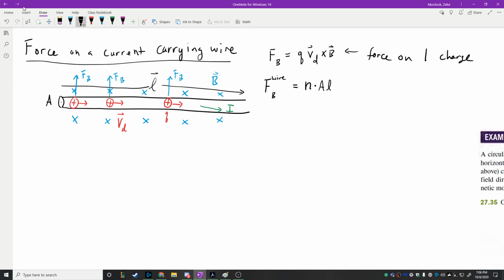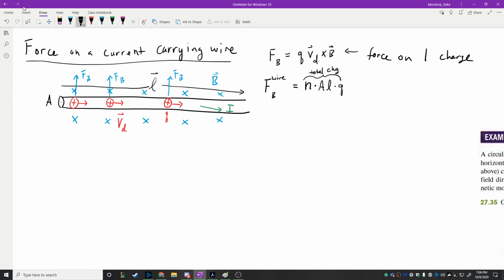The number of charges per unit volume was related to the molar mass of the objects and the number of free electrons that were given up, and all that kind of stuff. But this nAL would give me the total number of charges. If I then multiply that times the charge on a single charge carrier, this whole thing together would give me the total charge of the free electrons within the wire.